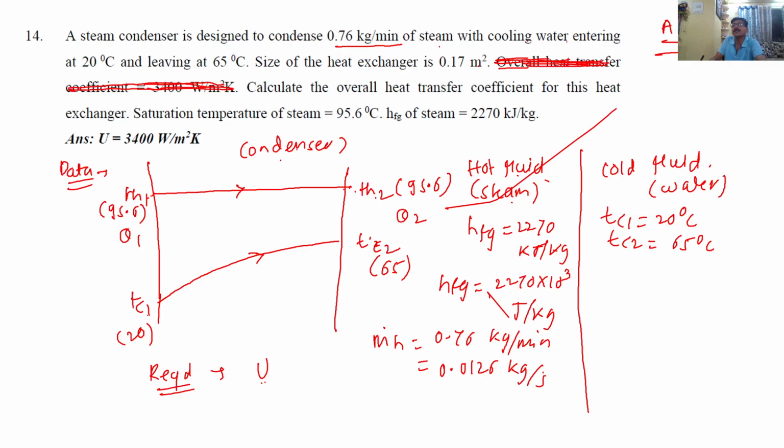TC2 is unknown, minus TC1, which is 20. If I calculate this, I will get the answer of TC2 as 36.65 degrees Celsius. So this is answer 3.